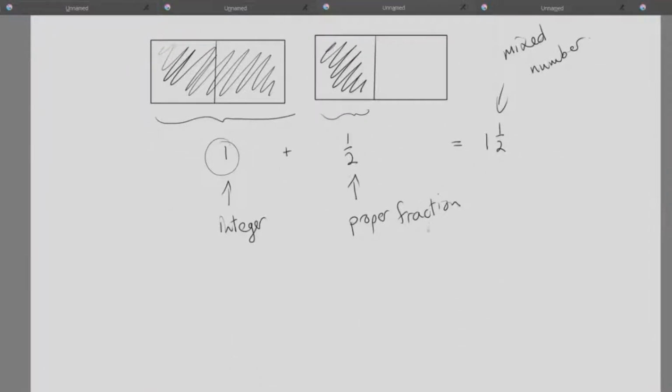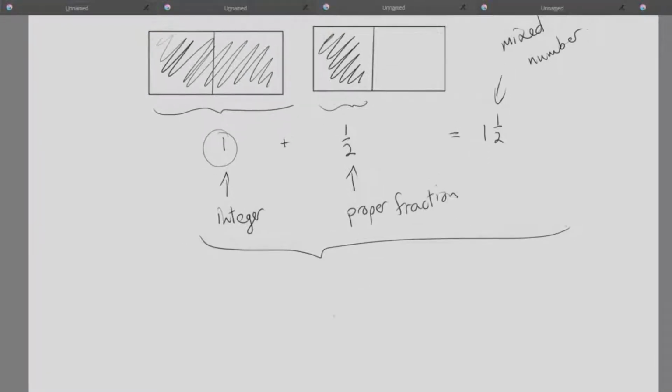For calculation purposes, we can also look at this whole thing and represent it in a different way, saying, well, I'm cutting a loaf of bread into 2 pieces, and I have 3 of them. I have 3 halves shaded there. This is the same quantity, and we're calling that an improper fraction.